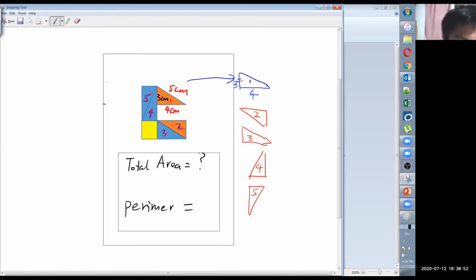Now, can I ask you, what is the yellow one? What's the shape for yellow? You cannot identify the yellow one? What's this shape called?